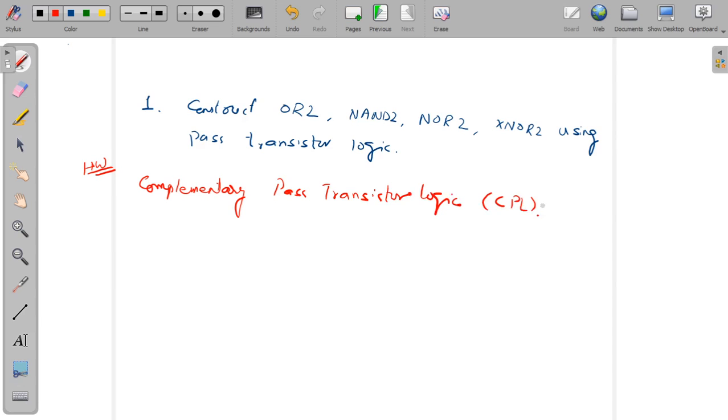You may follow the Kang book that is given in your textbook. You can also solve some more problems based on this. So next we will see the transmission gate logic.